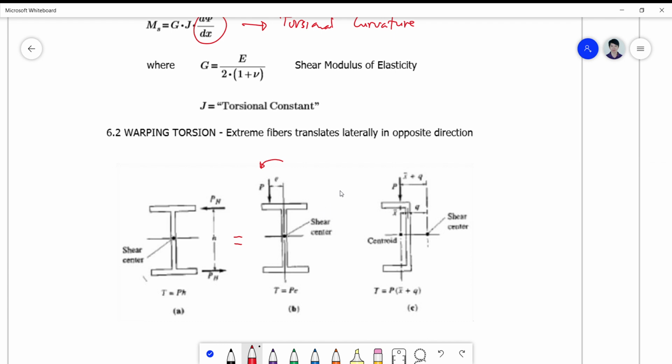But this can further be extended to channel sections, because we know for a fact that a channel section has also two flanges, wherein your force can actually be concentrated. So it won't affect any assumptions which were used in the formulation of our torsional derivations.